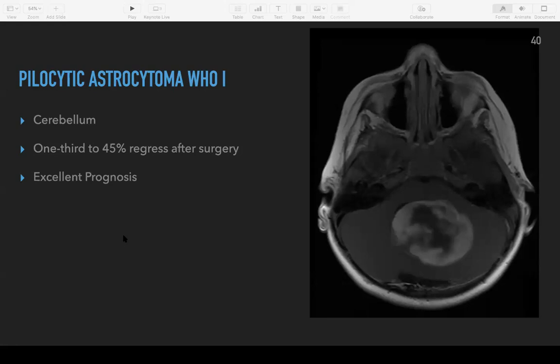So even if you did not achieve a total resection, after surgical resection with follow-up, even if you leave part of the tumor without chemotherapy or radiation, it will regress. There are even some case reports of the tumor completely disappearing. They have an excellent prognosis, and this is one of the most common and most benign tumors affecting the brain.